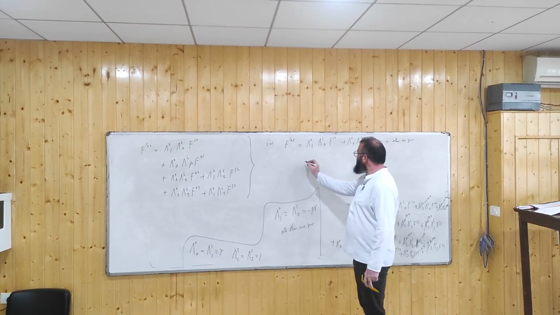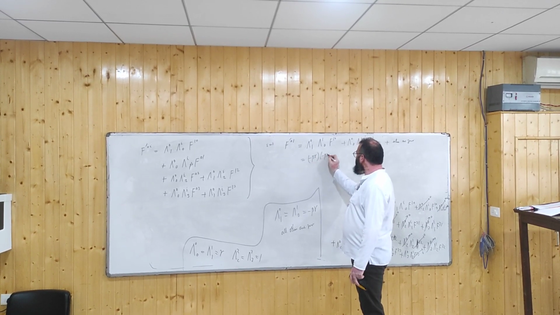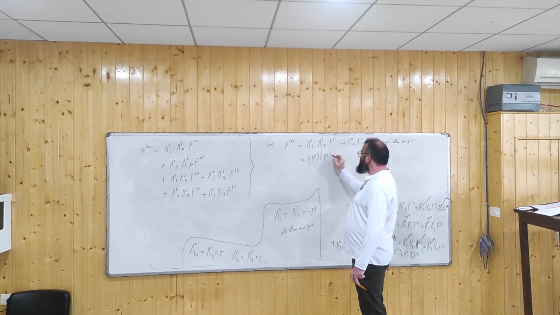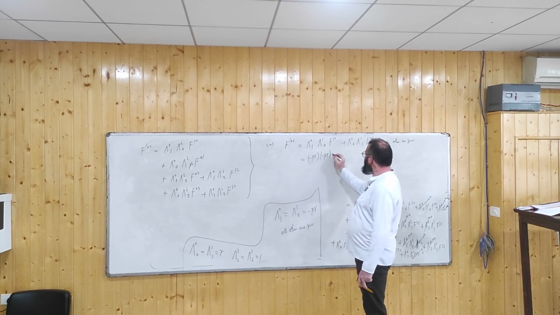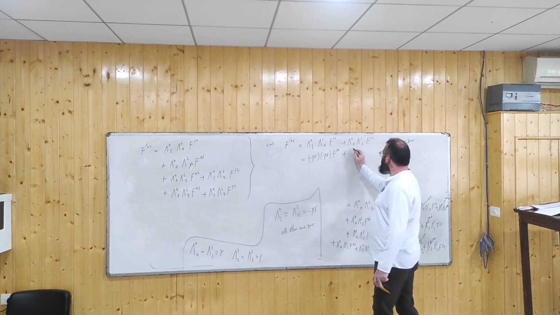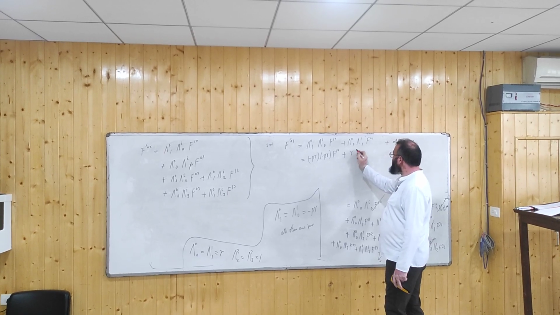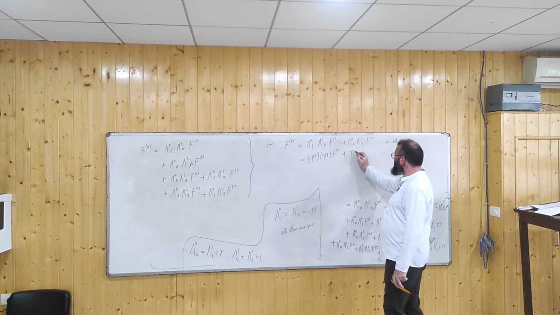Now what is lambda 01? It's minus beta gamma. What is F10? Let me keep it as F10 plus what is lambda 00? It is equal to gamma. What is lambda 11? Lambda 11 is again gamma. So it's gamma into gamma F01.